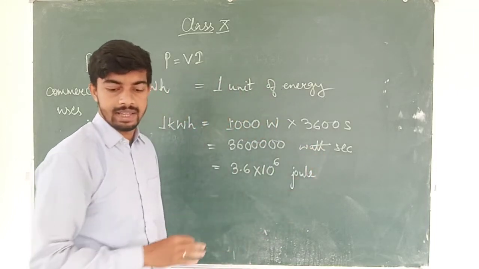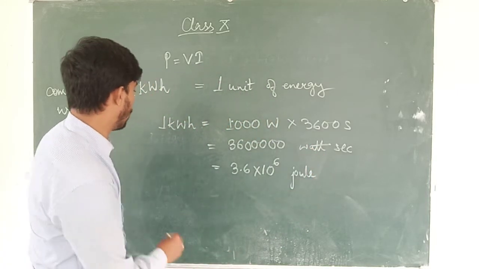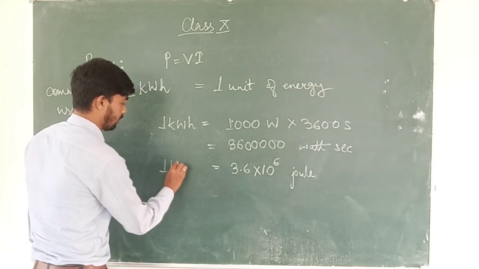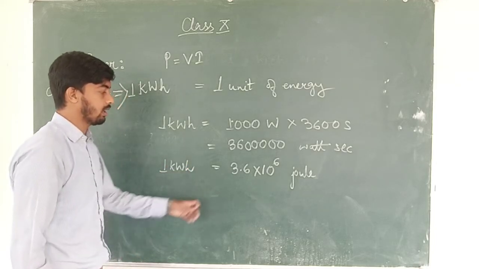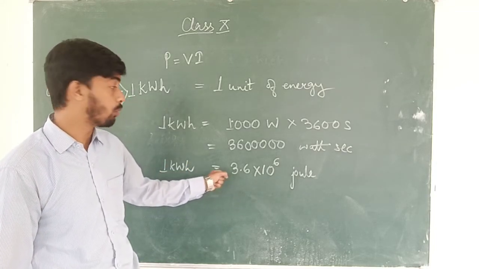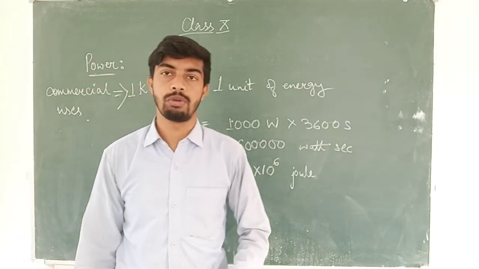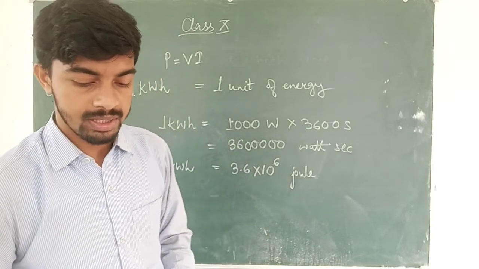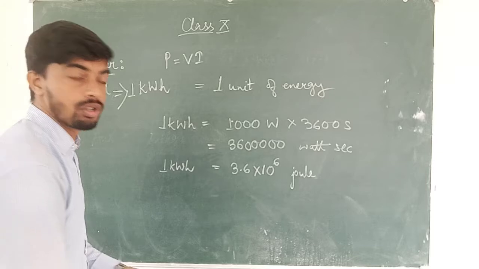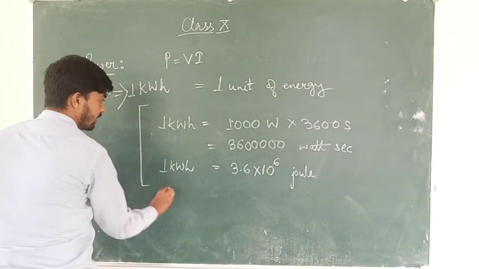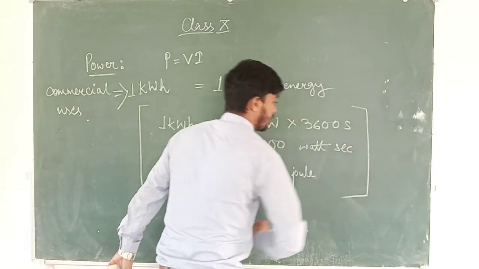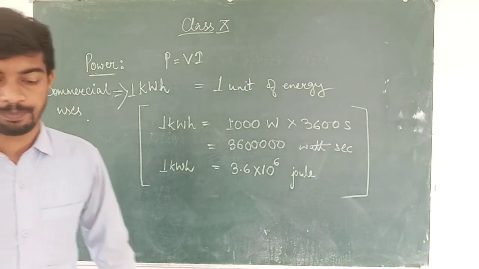So 1 kilowatt hour is energy equivalent to 3.6 into 10 to the power 6 joule. This conversion you have to know.